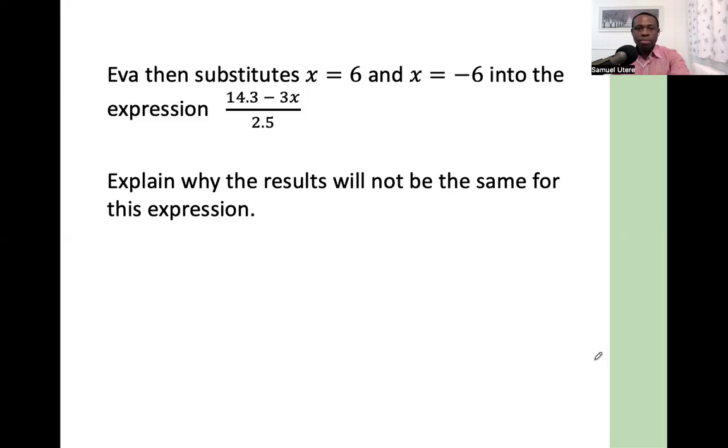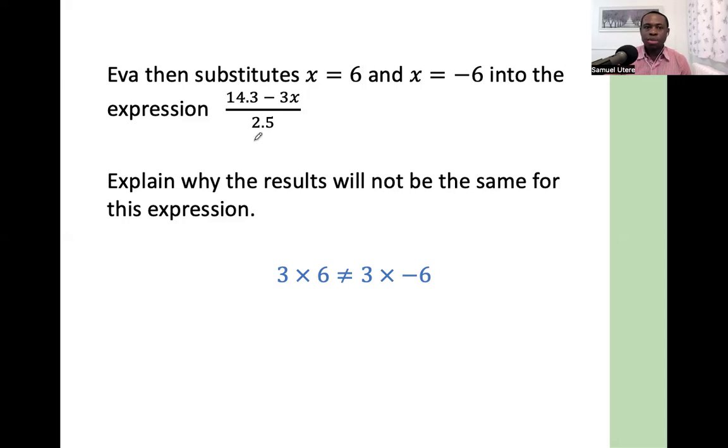Take note that 3x means 3 times x. So if we substitute x is equal to 6, we will have 14.3 minus 3 times 6. 3 times 6 is not the same as 3 times negative 6.